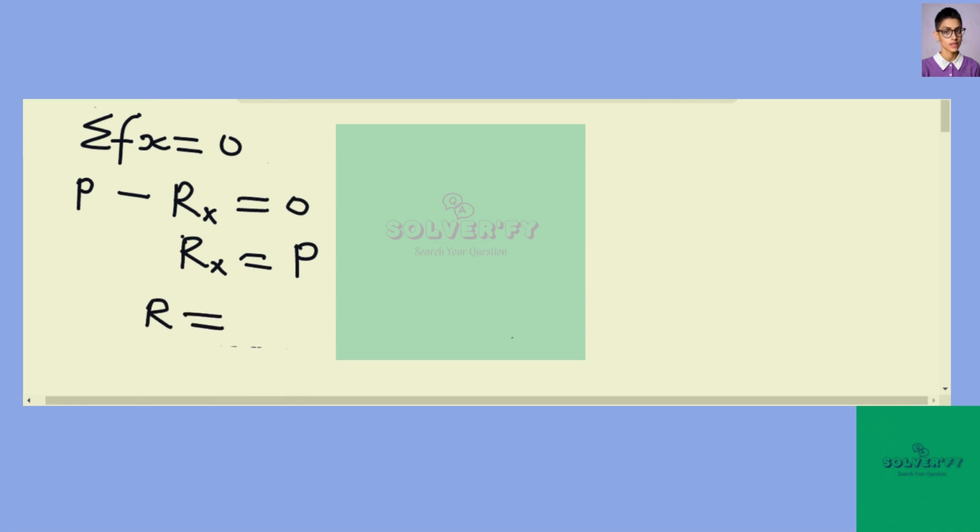The resultant R will be P squared plus the vertical component, which we already know is 20, squared.